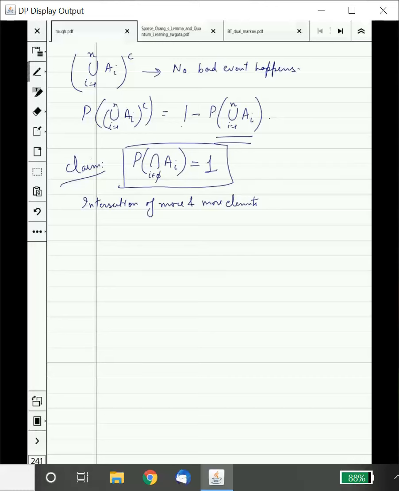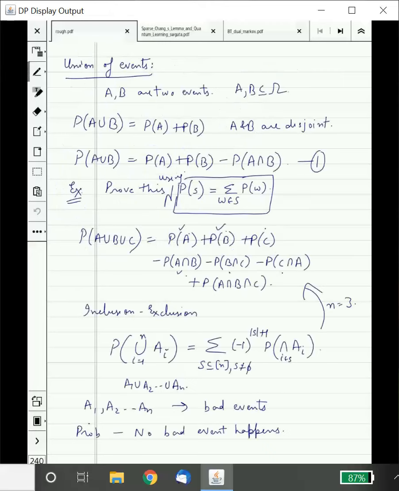This makes sense. With the intersection of more elements, the probability decreases. So for the least number of elements, the probability should be maximum, which we call 1. So using this, we get the probability that no bad event happens. This is the quantity which we are interested in. This is a summation over S, where we take the summation over all possible subsets.